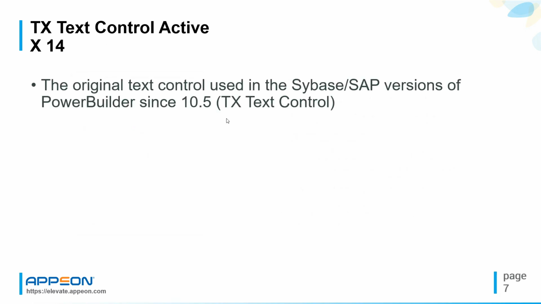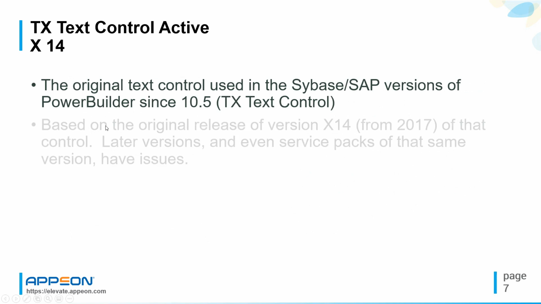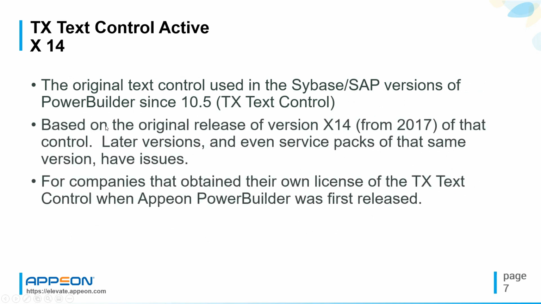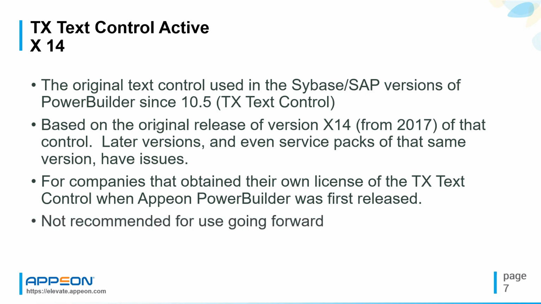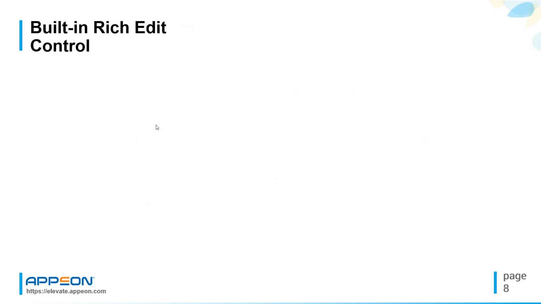As I mentioned, the TX Text Control X14, that's for if you have your own license of it and want to use your own license. I would not recommend this option going forward. It's there, but at some point it will probably be deprecated, since the control is actually built in now. And then there's a built-in RichTextEdit Control.